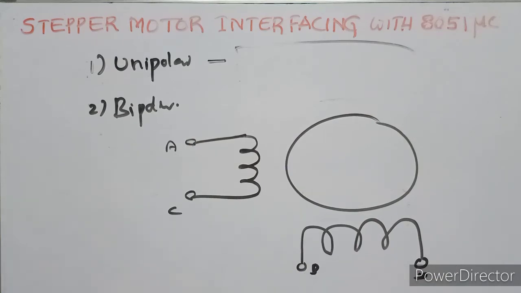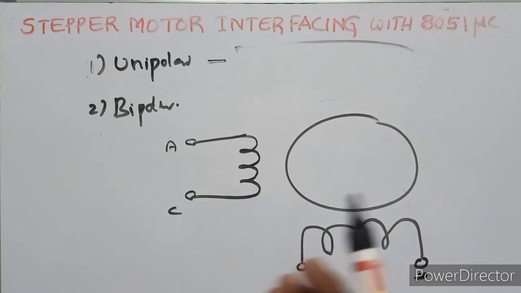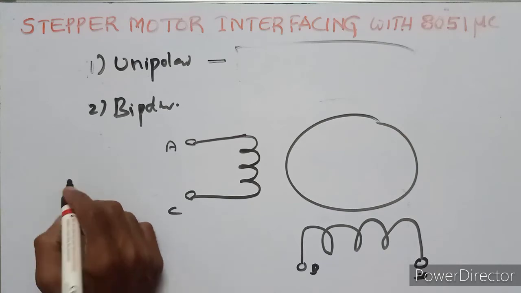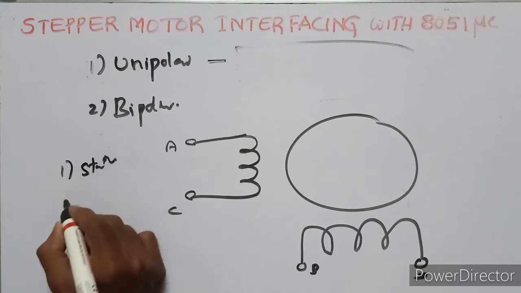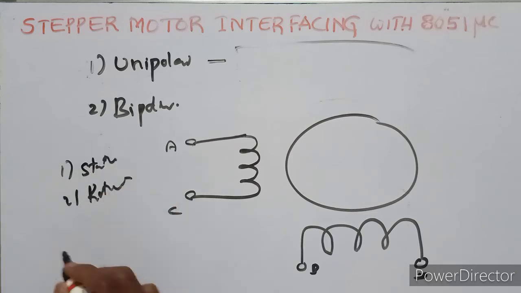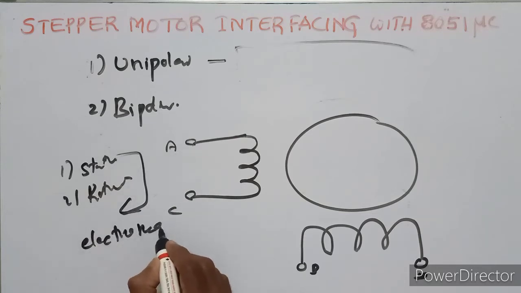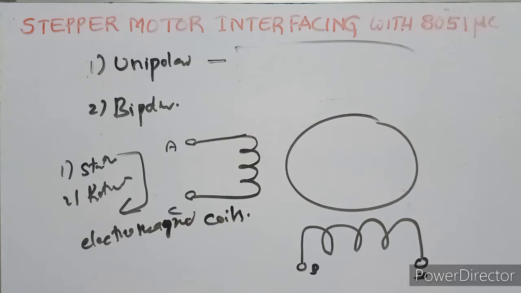A stepper motor is made of a stator and a rotor. Rotor means rotator. The stator represents the 4 electromagnetic coils, which remain stationary around the rotator.